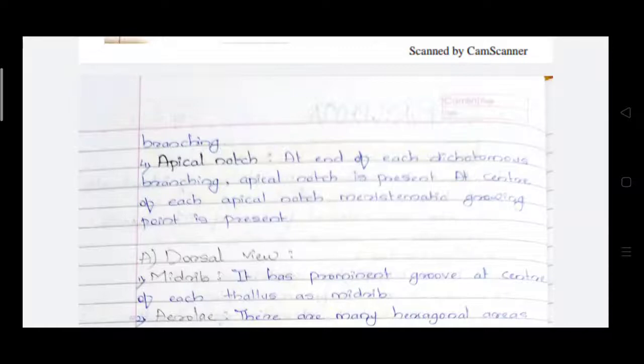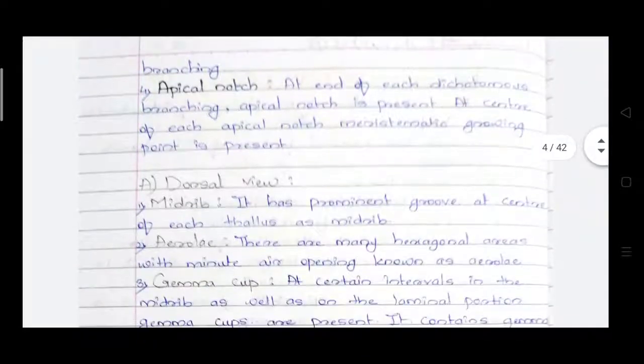So this is another feature of Marchantia. Through this apical notch, the new plants will be formed.